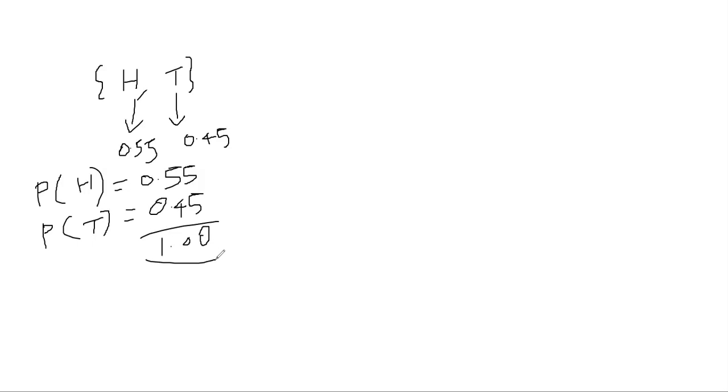That is called joint probability, meaning you have multiple events, in this case 2 events, and you're trying to compute the probability of the 2 events happening at the same time. That's called the joint probability.